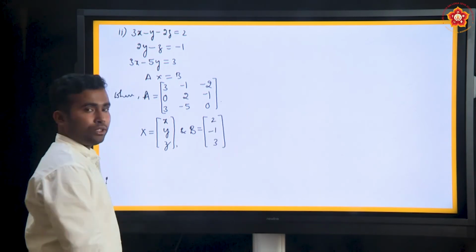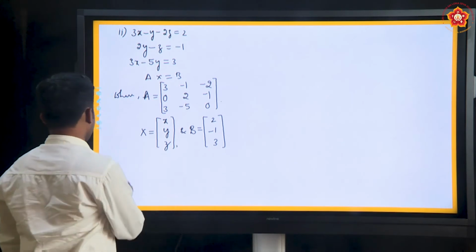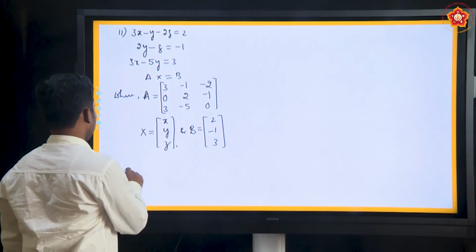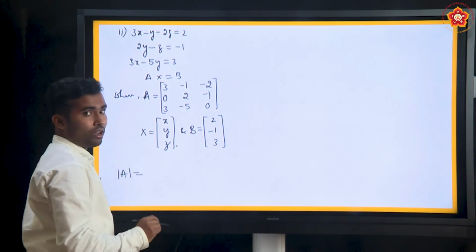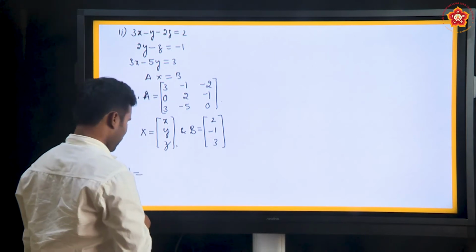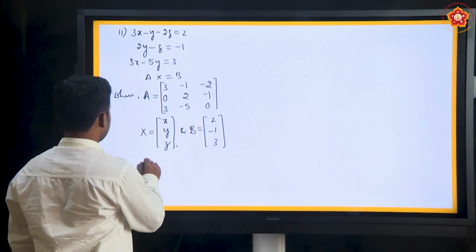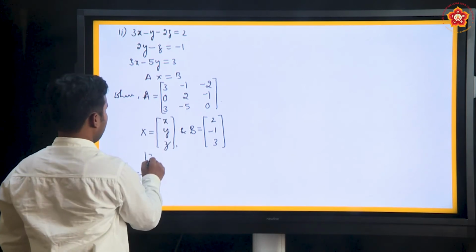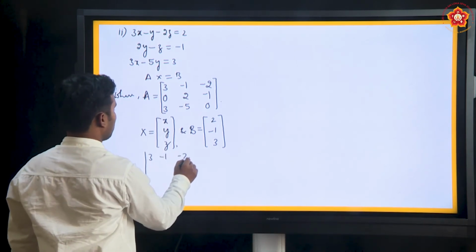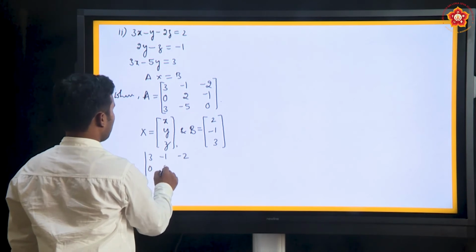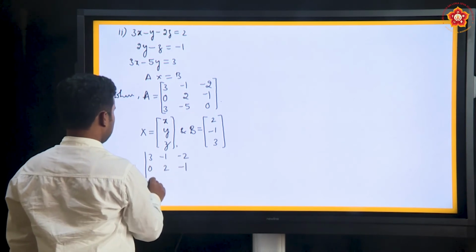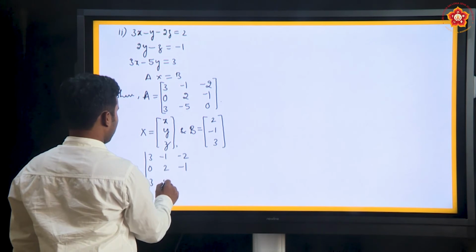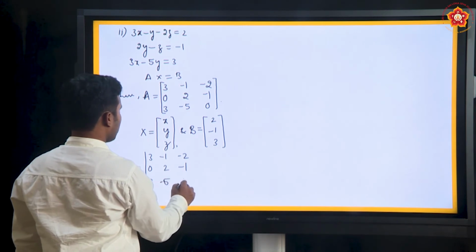Now, what you can do is, first we have to check whether the given matrix is singular or non-singular, okay. For that, how you are going to check is, take determinant of matrix A, that is 3, minus 1, minus 2, 0, 2, minus 1, 3, minus 5, 0.